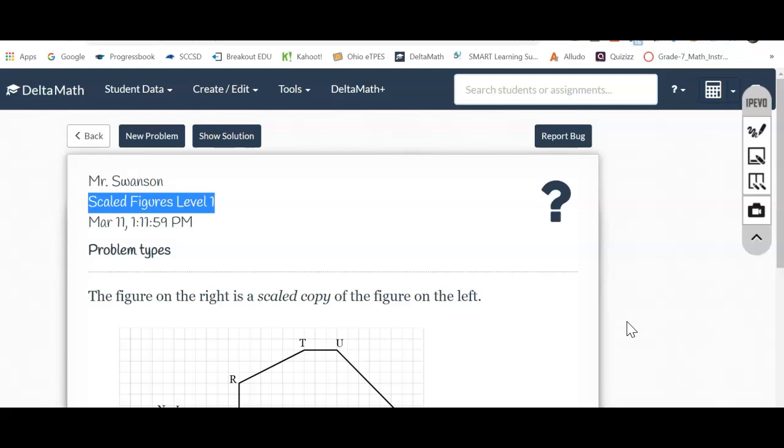So if I get it wrong, I can see it gives me a nice visual of how it copied itself. Shows you how to get the scale figure, the scale model, or the scale factor. And then you can try up here where it says New Problem, click on New Problem. Or Next, depending on how it all works. Got to get 5 right.